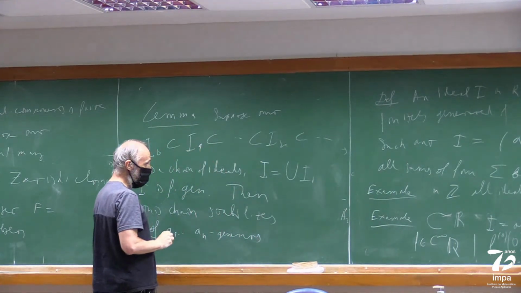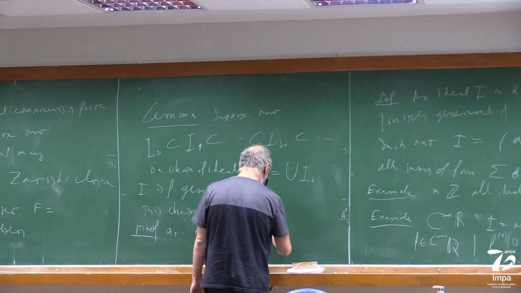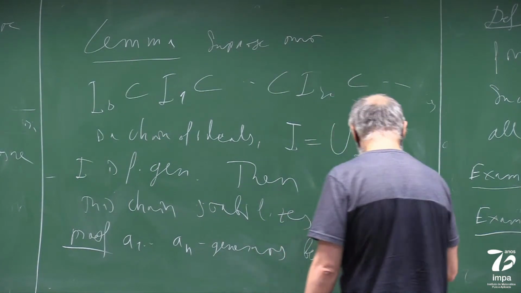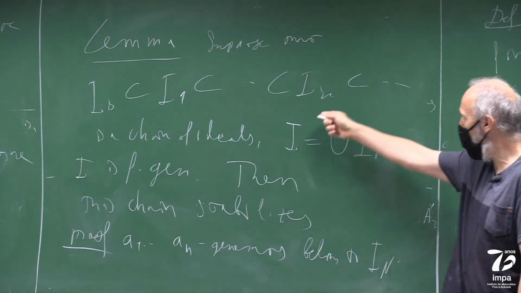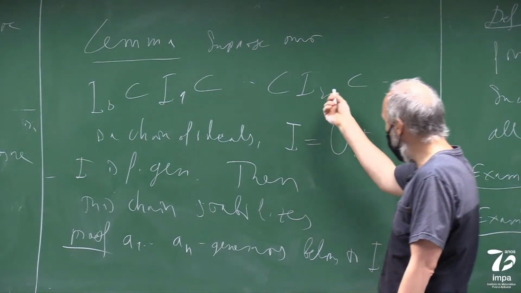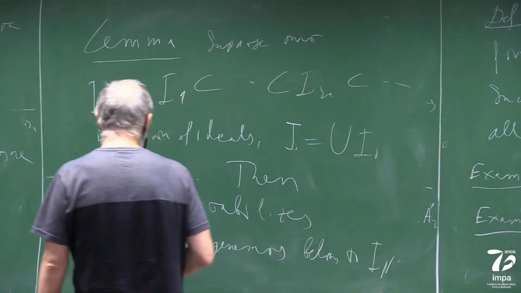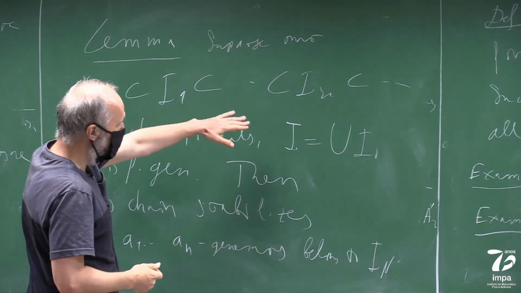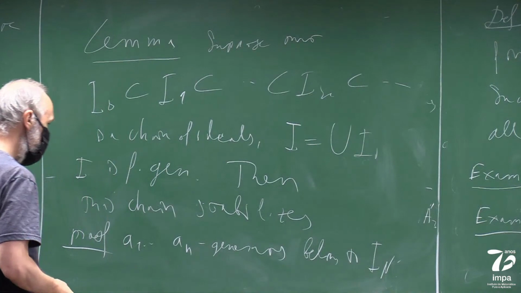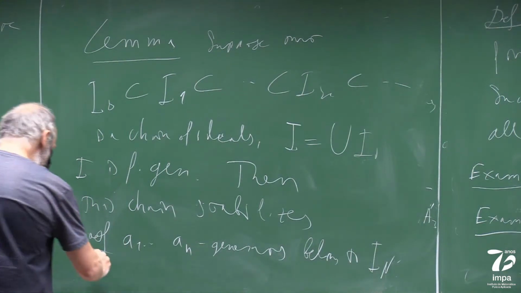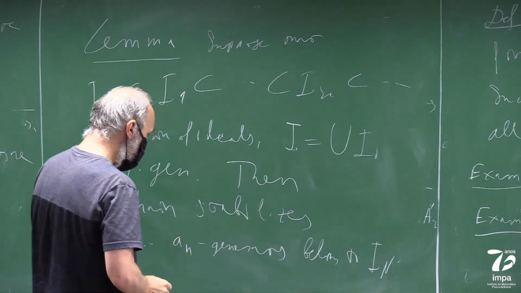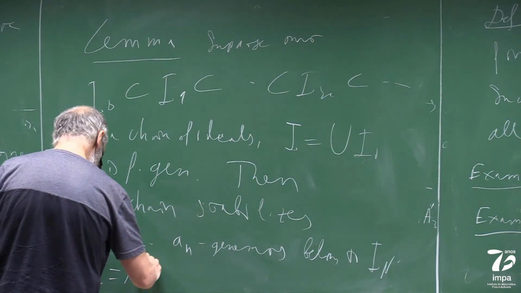And they belong to I_N for N sufficiently big, because each of them belongs to some of these I's, so the set of all these generators belongs to the ideal with the biggest number of them all. But this set of generators generates I. So this means that I is equal to I_N.